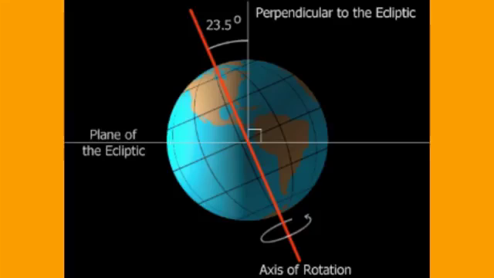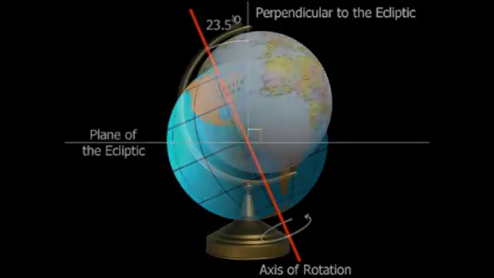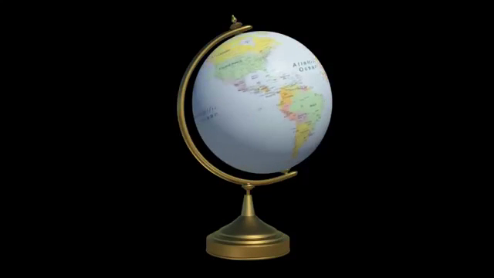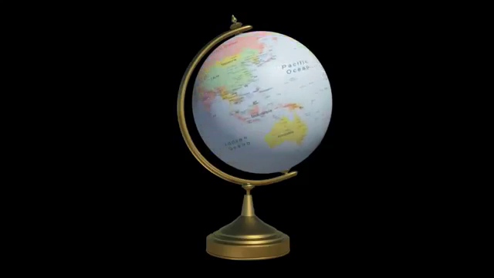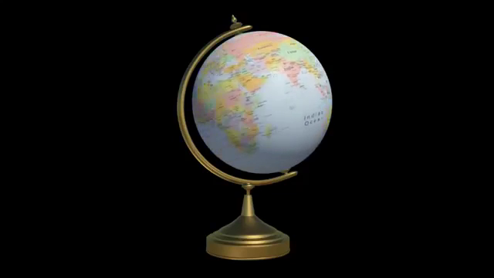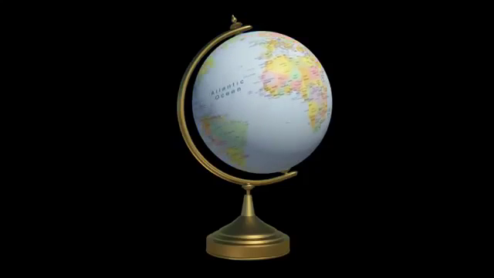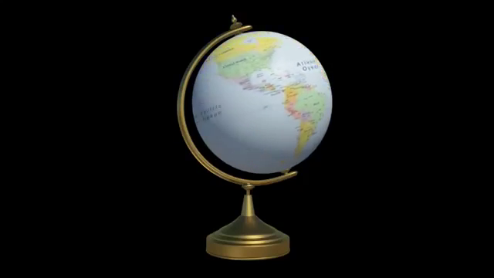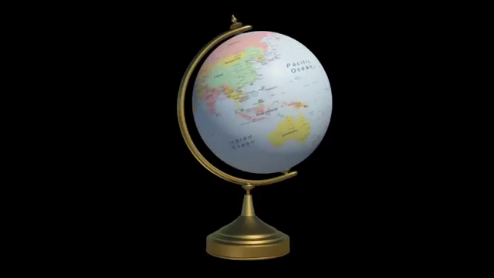The earth constantly rotates or turns around its axis of rotation. The earth's axis too is tilted at an angle of 23.5 degrees to the vertical. The axis of rotation of the globe is similar to that of the earth.